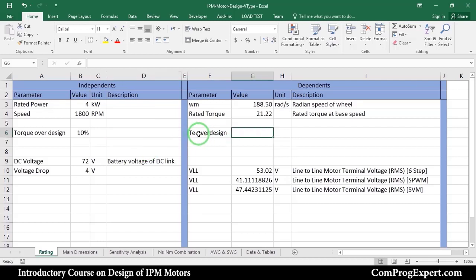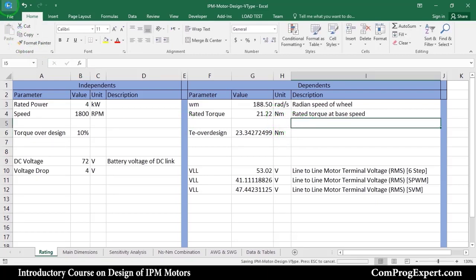So the value of electrical torque in our design case is equal to rated torque times this plus 1. Okay, and again this is Newton meter and this is Newton meter.